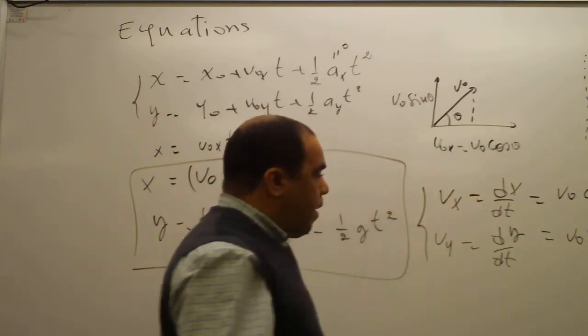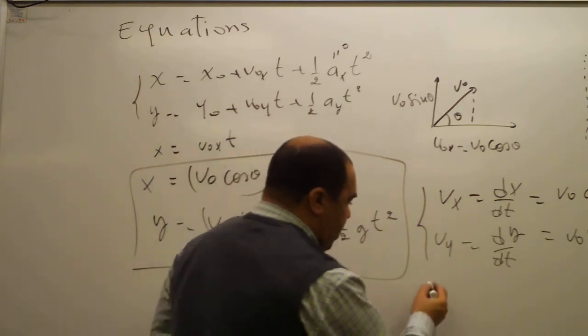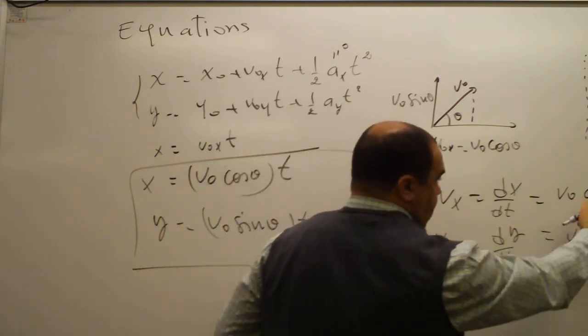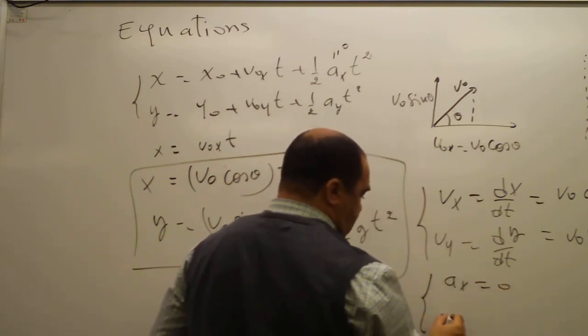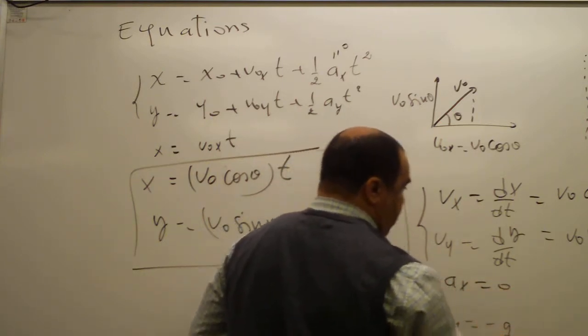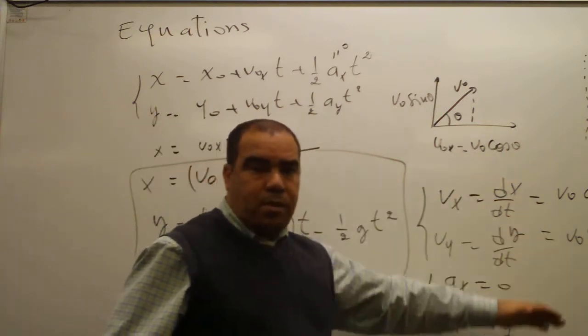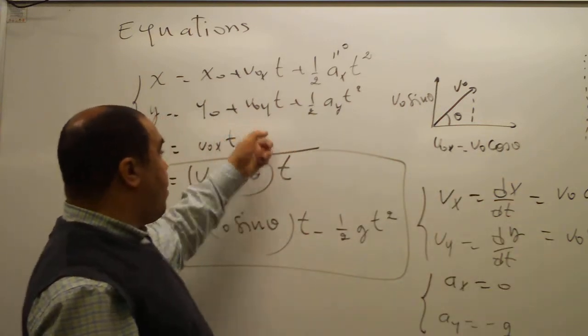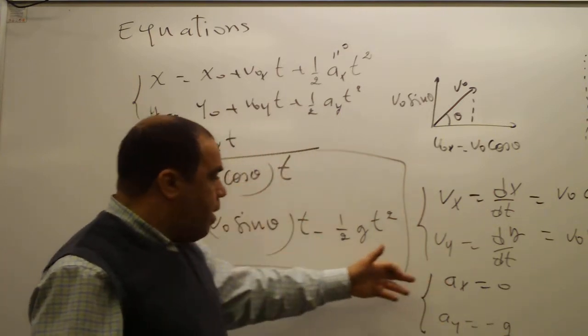I can also differentiate one more time and end up with the acceleration. This is a constant, so ax is 0 and ay is minus g. Now, at this point, I have access to all the parameters of the kinematics of the projectile: x, y, vx, vy, ax, ay.